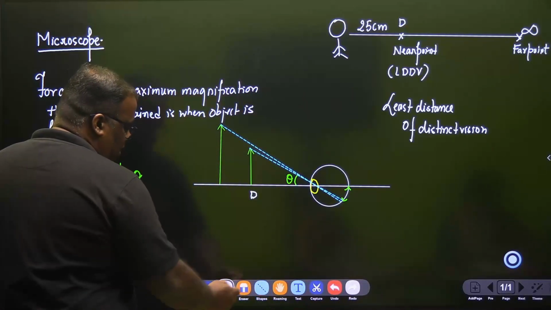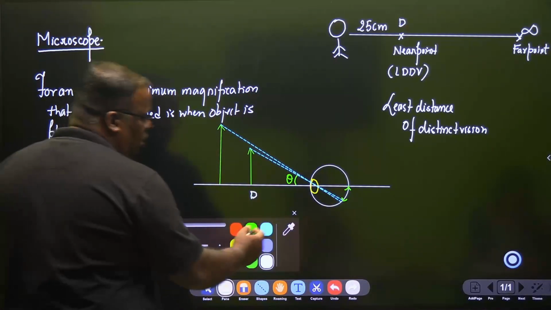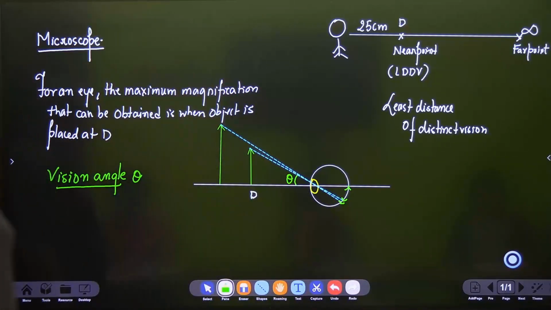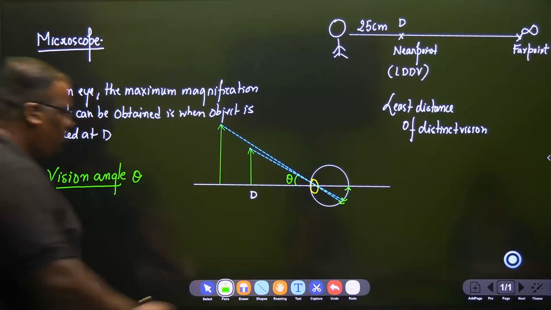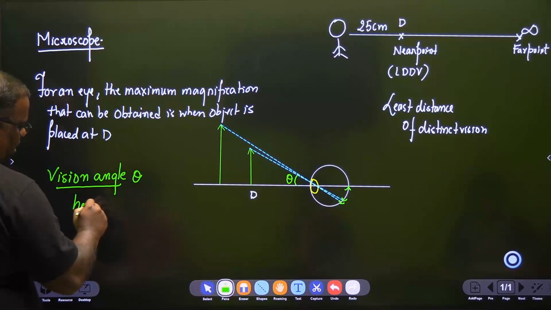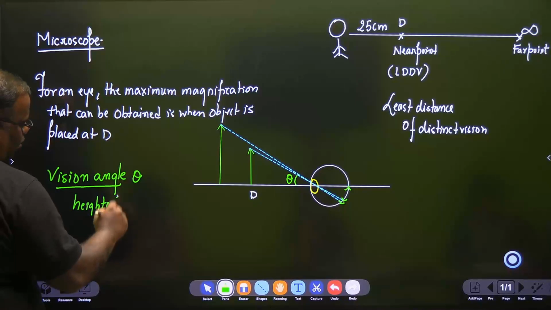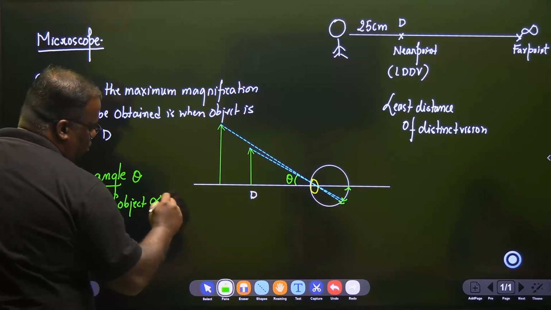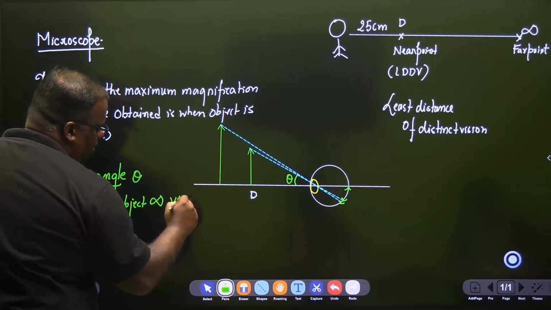As a result, the image is up till here. So from this discussion, one thing we have understood: the height of the object is directly proportional to the vision angle.